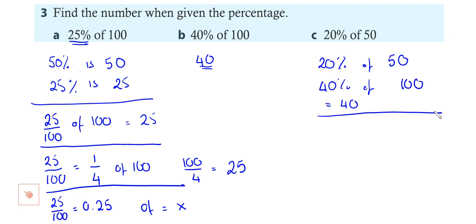Can I just ask you, does that answer make sense? Yes. Really? Does it make sense? Max said no. Why not? I'm with you, Max. 20%. 40. No. You just divide the 40 by 2. Why doesn't it make sense? It's 40. 40 is almost 50, right?